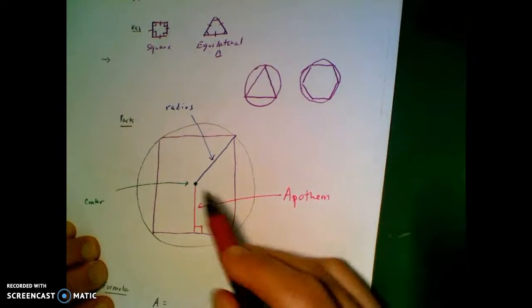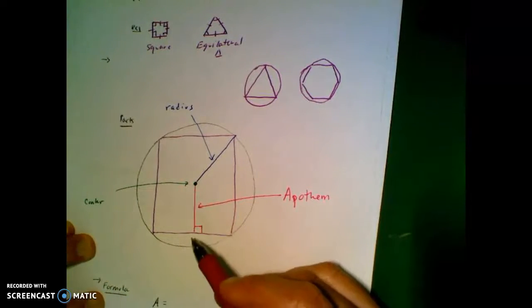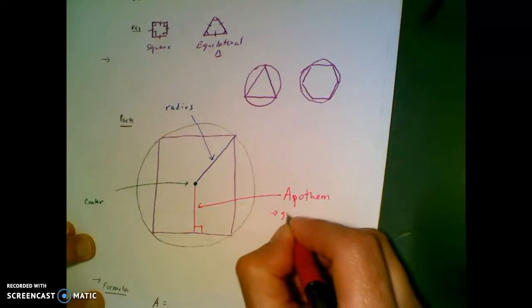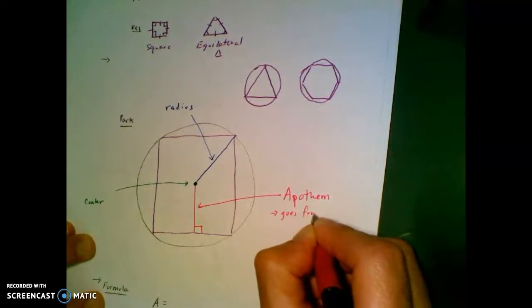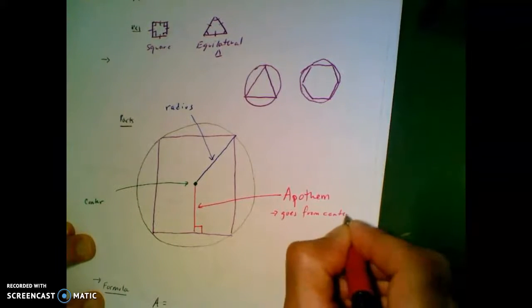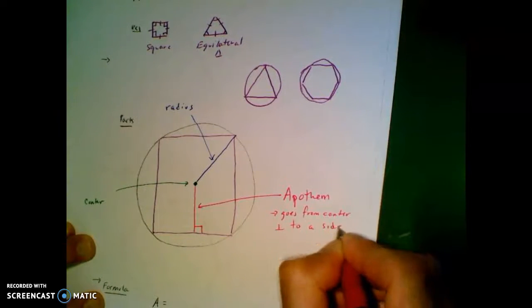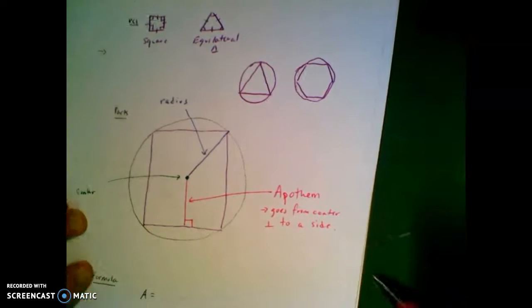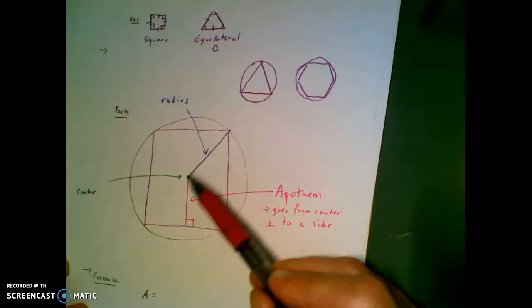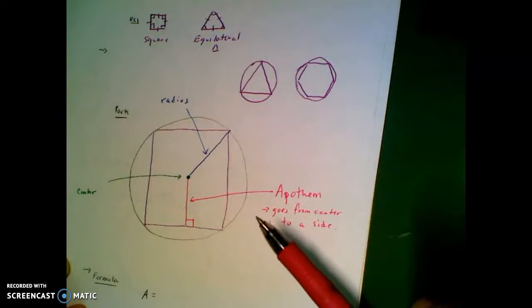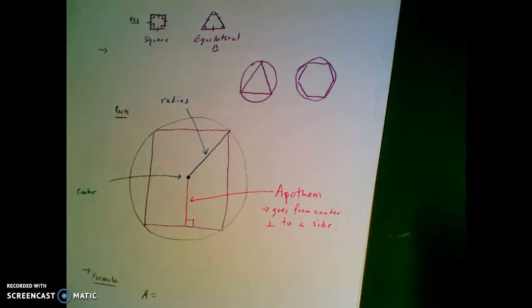So the apothem has to go from the center and is perpendicular to a side. So again, the center is here, the radius is here, this is called the apothem. And we're going to use that in our formula for regular polygons.